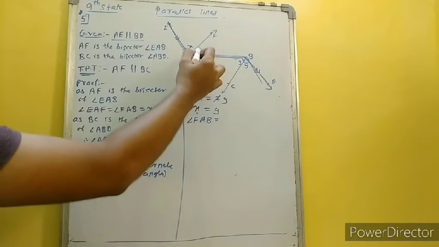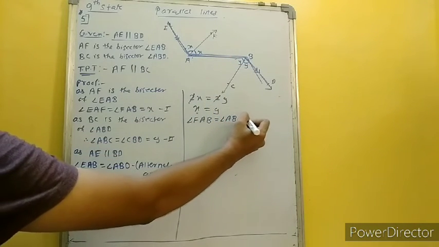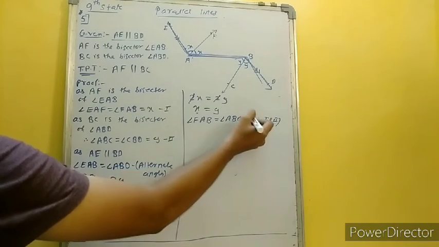And in place of y, I can write ABC, from 1 and 2.